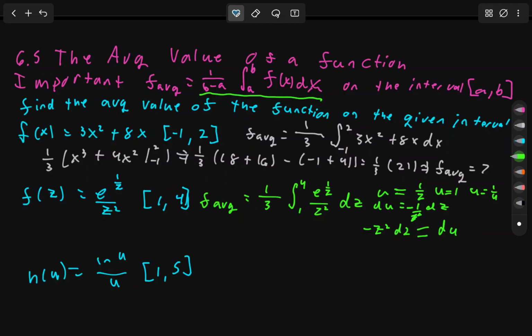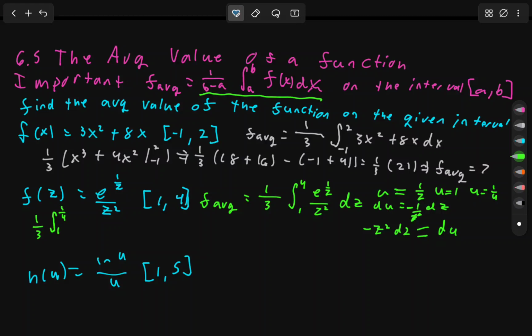Which is not ideal, but we'll deal with it. So we get 1/3 times the integral from 1 to 1/4. I suppose that is possible.